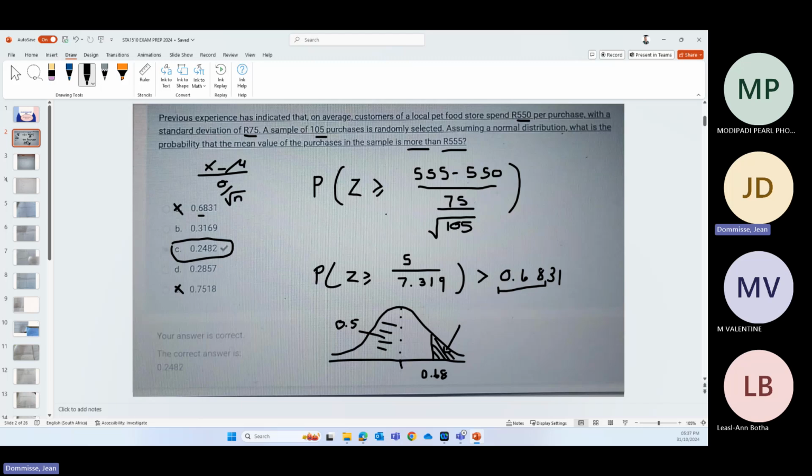Okay, so this is the first one, study unit 7, where we looked at the probability and then getting the Z value. Then from the Z value, we need to work out what is that area that is more than.